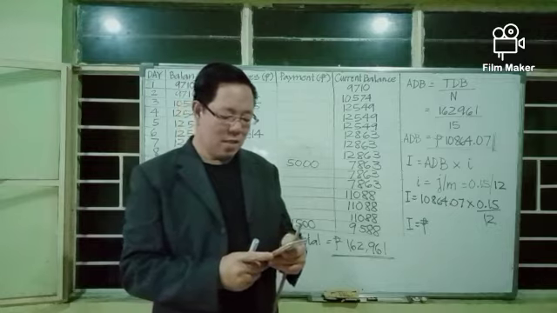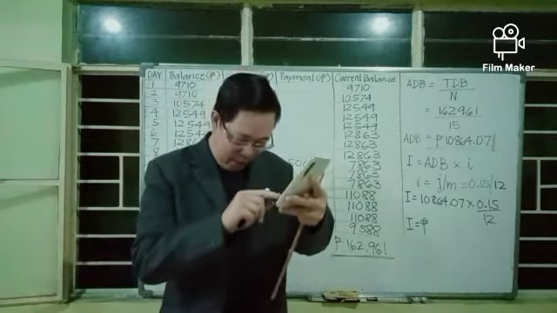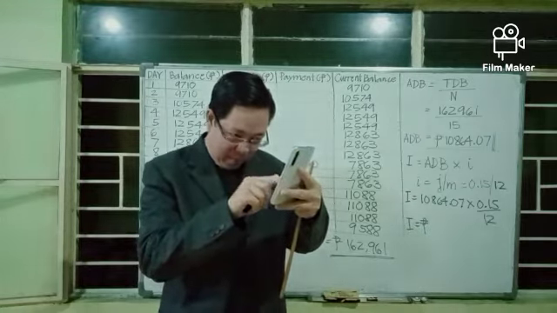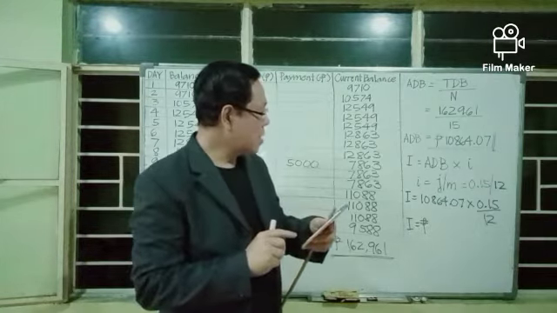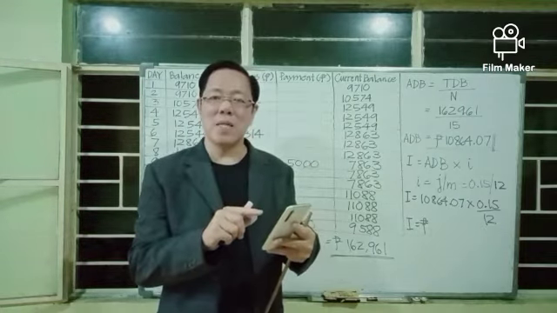We calculate the interest. We have 10,864.07, multiplied by 0.15 divided by 12.